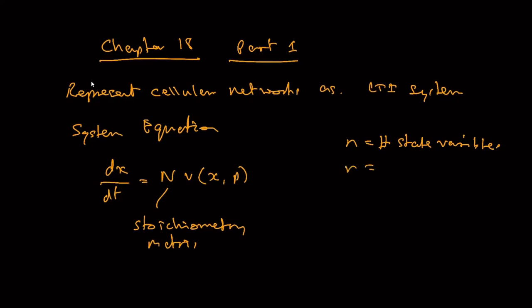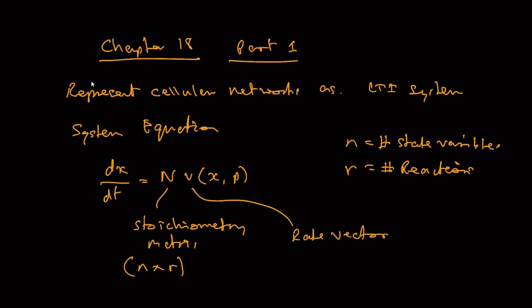If we assume there are R reactions, then the stoichiometry matrix will be an n by R matrix. The V is the rate vector, and you'll notice that it's a function of the state variables and potentially some inputs, which I'll designate P. The size of the rate vector is just R by 1, because that's the number of reactions.